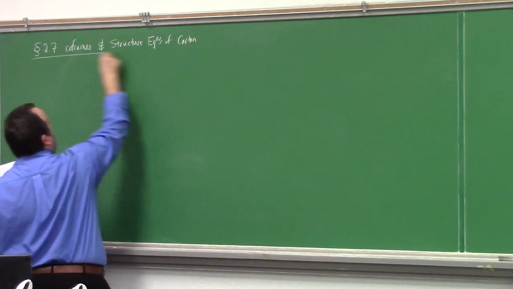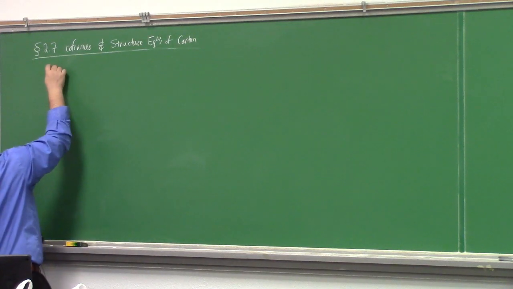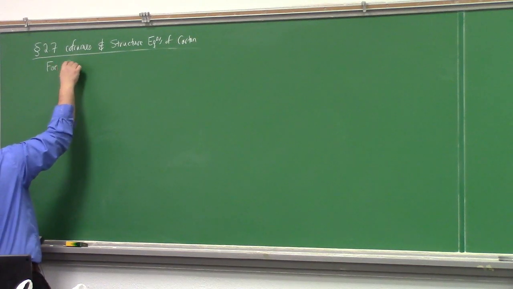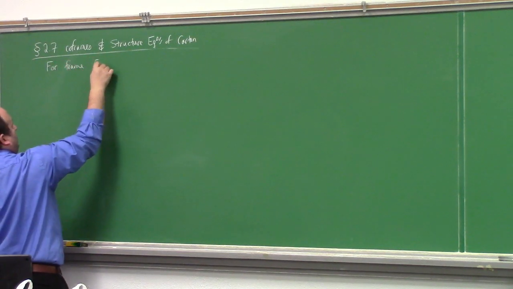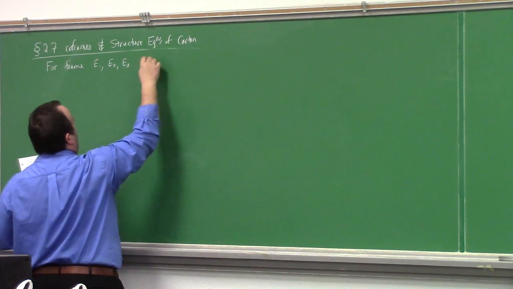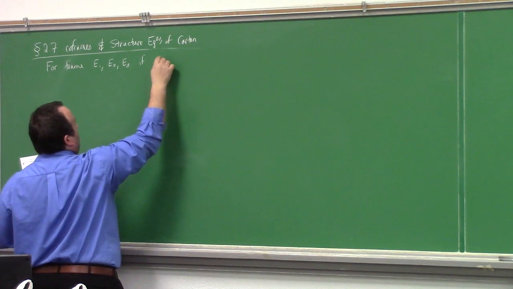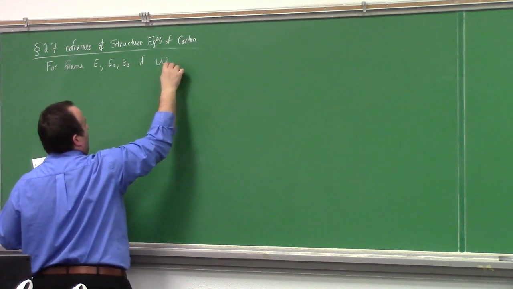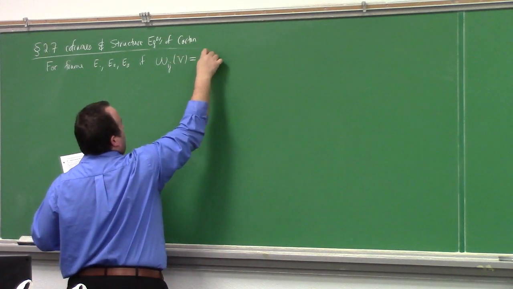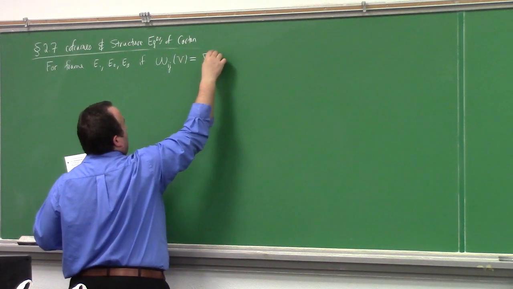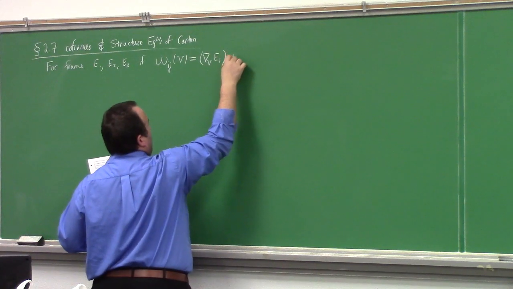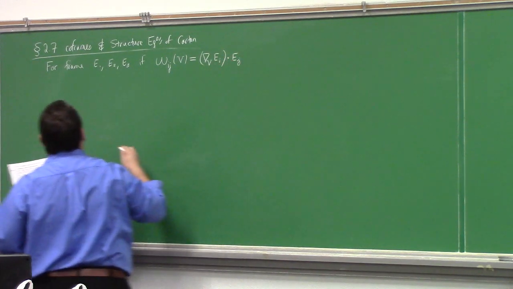So yeah, what I got to last time was essentially we defined, for a frame, I'll just give a quick recap here. For a frame E1, E2, E3, if omega ij of v is the covariant derivative in the v direction of ei dot ej, right?